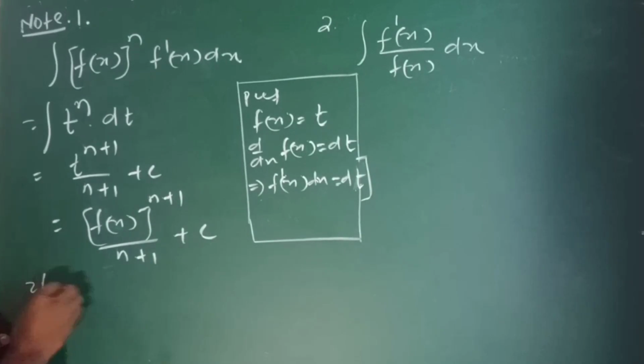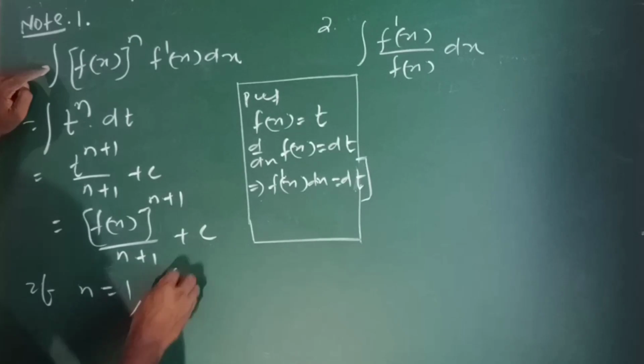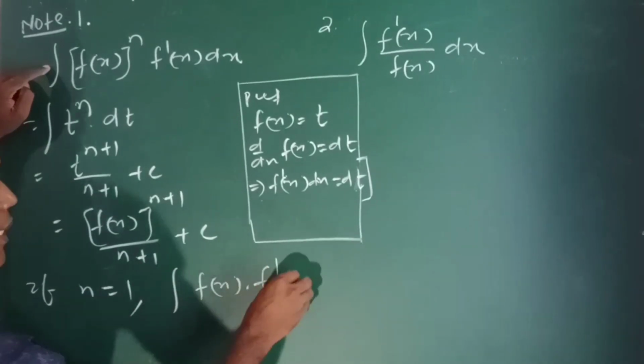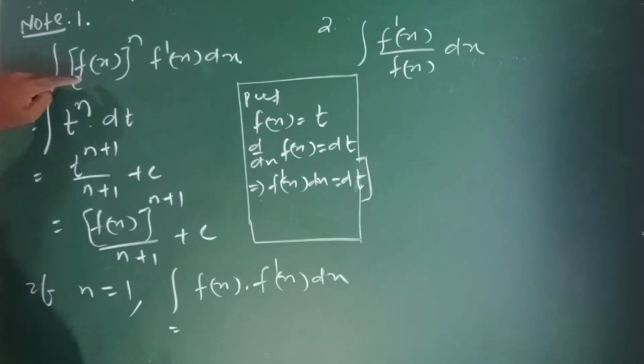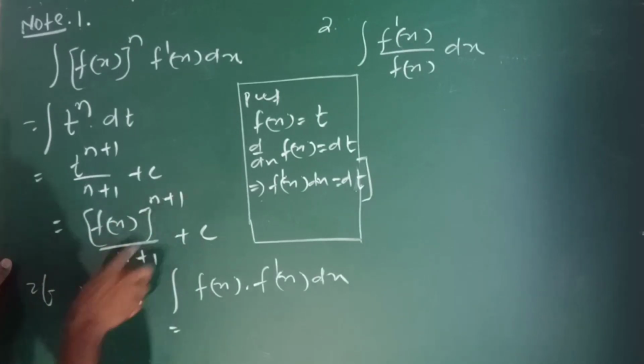Special case is if n is equal to 1. If n is equal to 1, that means this is in the form of f of x into f dash x dx. Then the integration is, look at here, if the power is n, then the integration is f of x to the power n plus 1 by n plus 1.